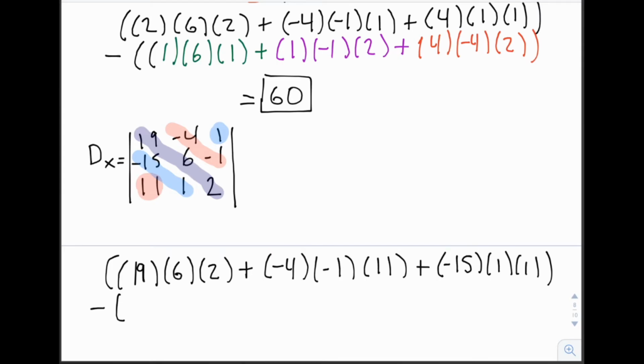Let's go in our upward direction now. Let's figure out what our diagonals are.